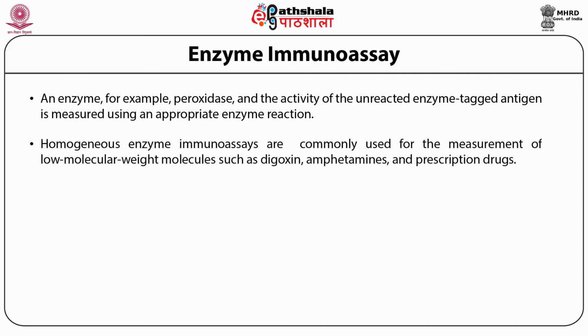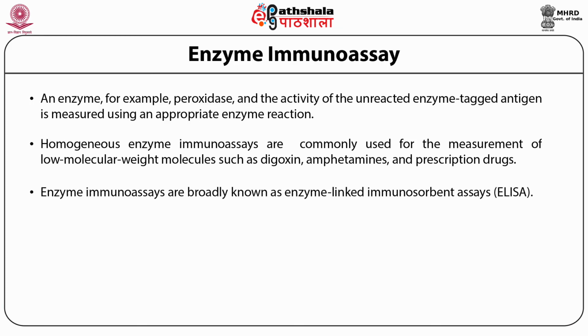The homogeneous enzyme immunoassays are commonly used for the measurement of low molecular weight molecules such as digoxin, amphetamines, and prescription drugs. Enzyme immunoassays are broadly known as enzyme-linked immunosorbent assays. In short, it is known as the ELISA test.